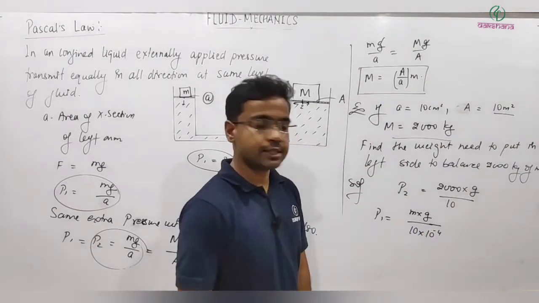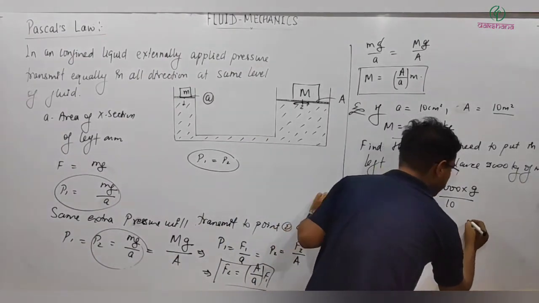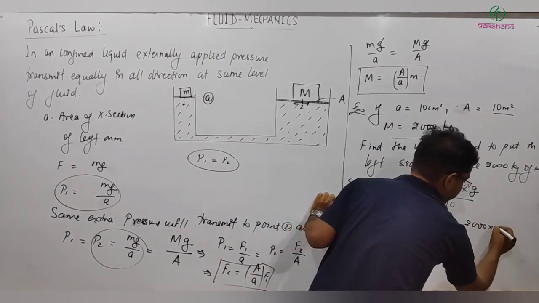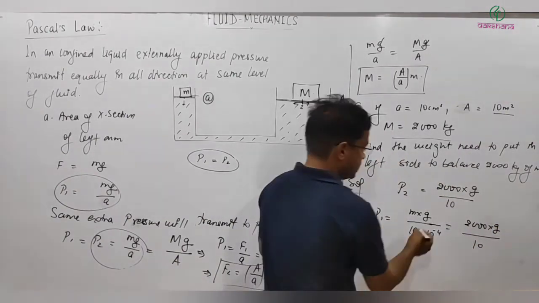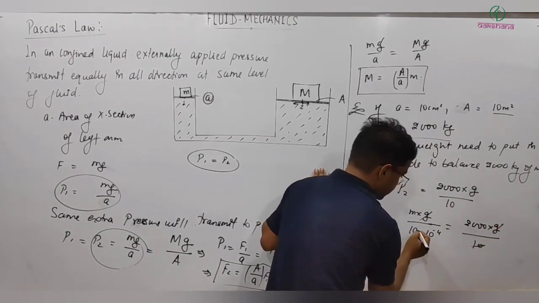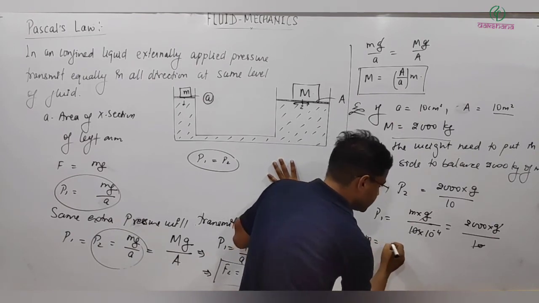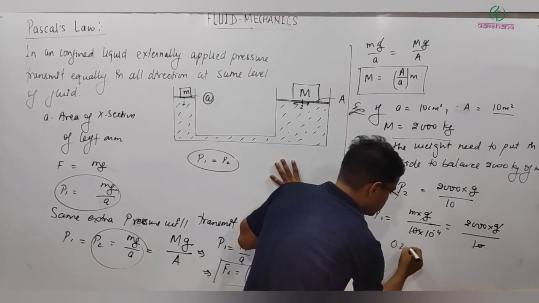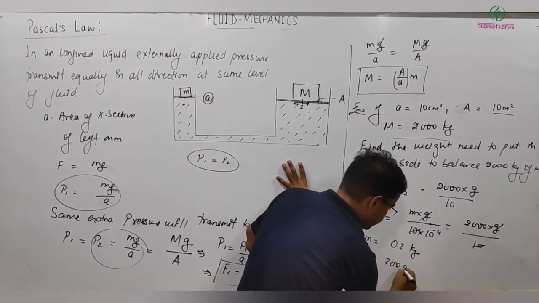Now P1 should be equal to P2, equal to 2000 multiplied by g divided by 10. Clear? Just balancing, g gets cancelled and 10 gets cancelled. So this implies m is coming out to be 0.2 kg, and that is equal to simply 200 gram.